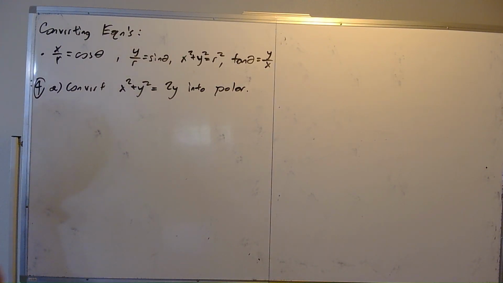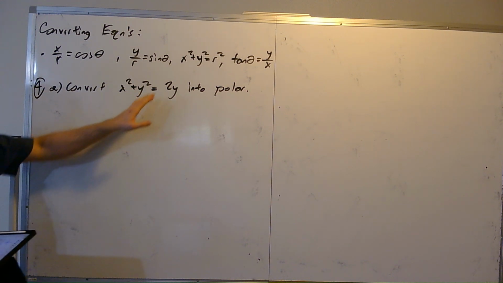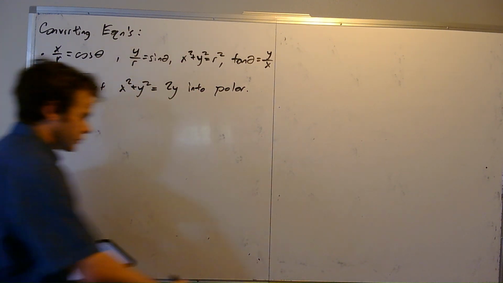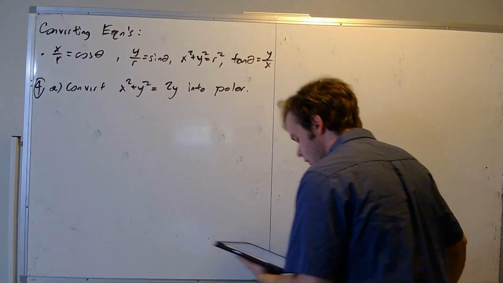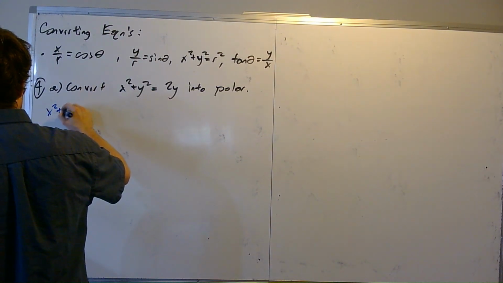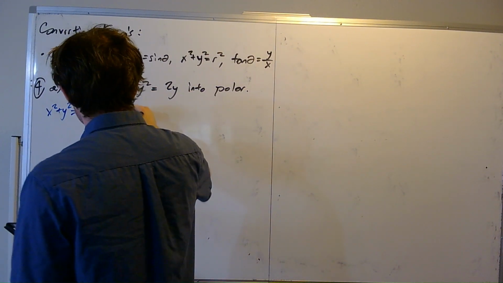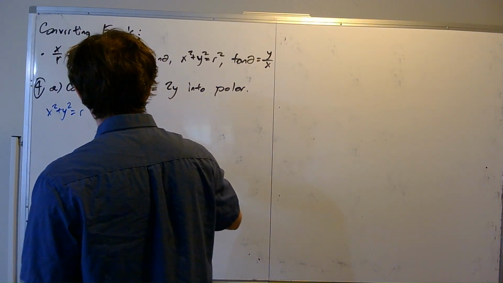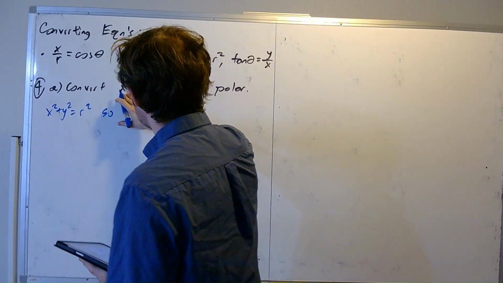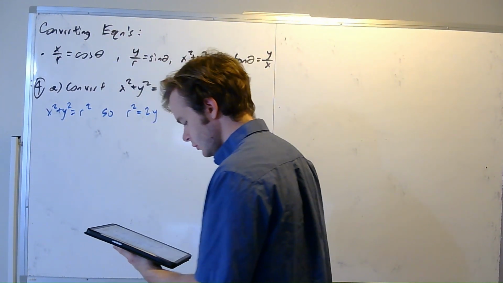Now, x squared plus y squared, we can replace that with r squared. So, what I'll write here is x squared plus y squared equals r squared. So r squared is equal to 2y.